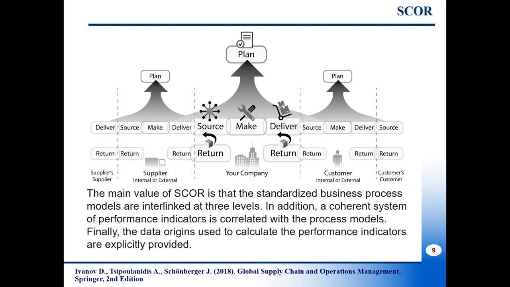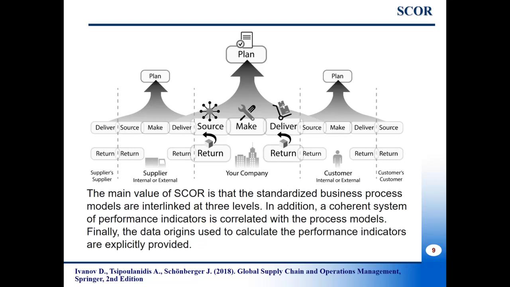In this figure, we have at least three players in the supply chain: let's say supplier, producer, and also distributor. Each of these players has plan, source, make, and deliver.